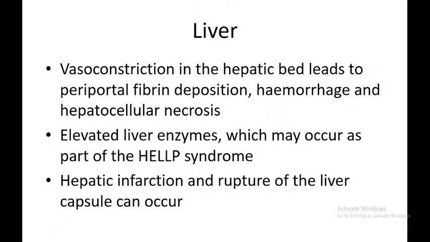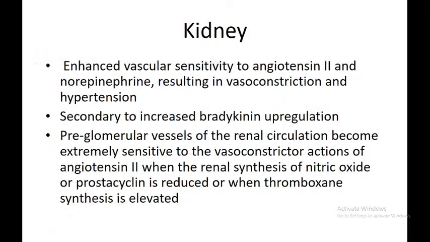And coming to the kidney, there is increased or enhanced vascular sensitivity to angiotensin II and norepinephrine, resulting in vasoconstriction and hypertension. And these changes are secondary to the increased bradykinin upregulation.